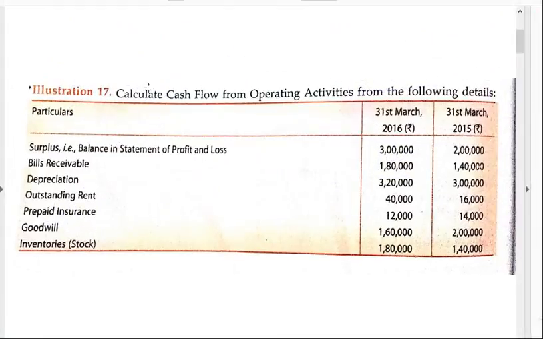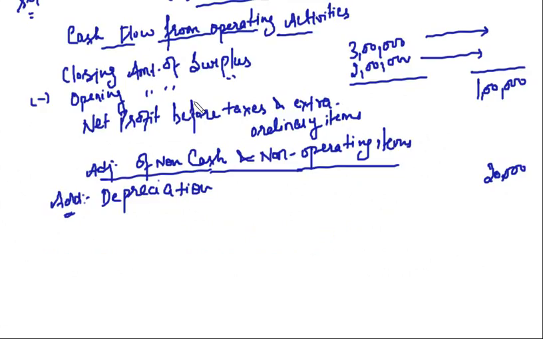Next, outstanding rent, no, because it is a liability. Prepaid insurance, no, it is a current asset. Goodwill, yes. Earlier the goodwill was 2 lakh, now it is 1,60,000. This means we have written off goodwill to the extent of 40,000. So it is our expense because we are writing off the things. We must have subtracted it in profit and loss account. Now we will add back 40,000. Anything else?